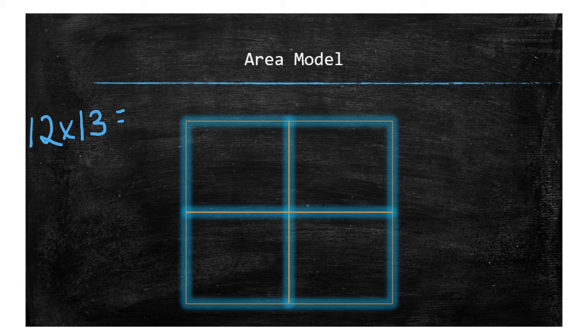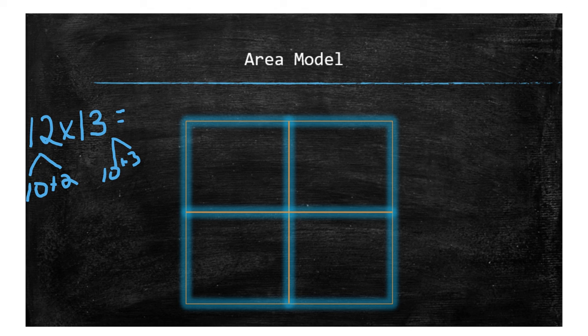So in this example, we're going to break down the actual place value system of our numbers. So 12 actually breaks down into two numbers. It breaks down into a 10 plus a 2. And then our 13 actually breaks down into a 10 plus a 3.